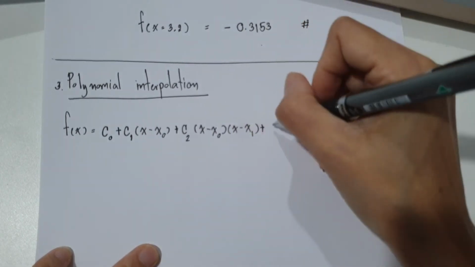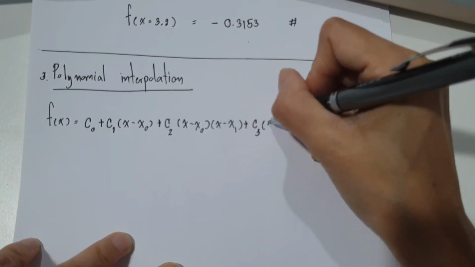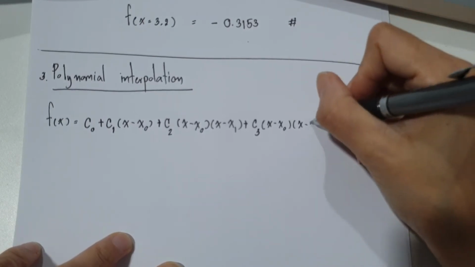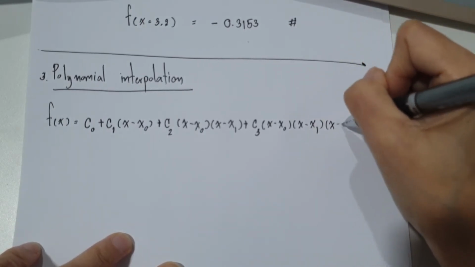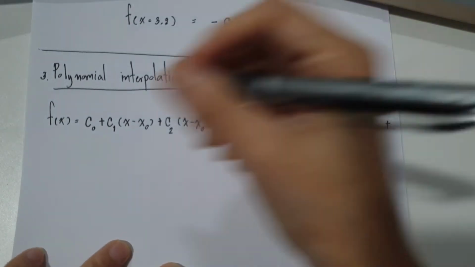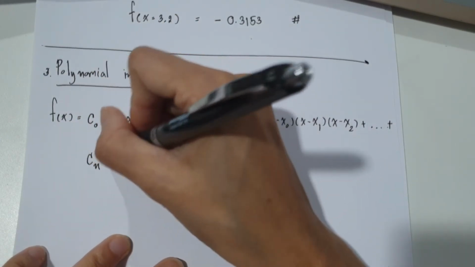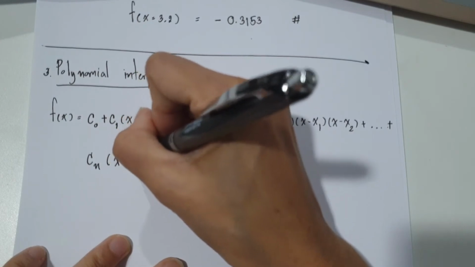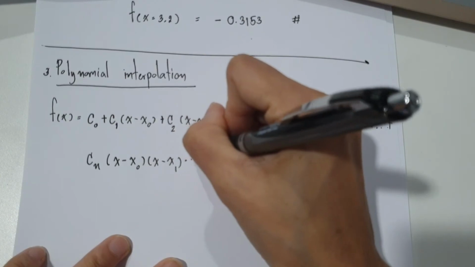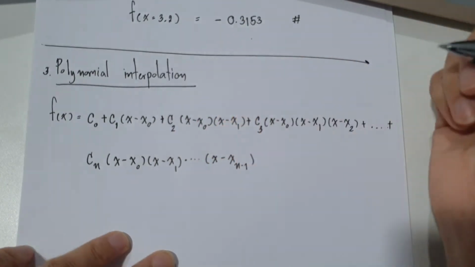And of course, if you want a higher order, you can add c3 times (x minus x0) times (x minus x1) times (x minus x2), and then you can add more terms, right? Until the n-th order, like cn (x minus x0) times (x minus x1), and you multiply it until (x minus x(n minus 1)).